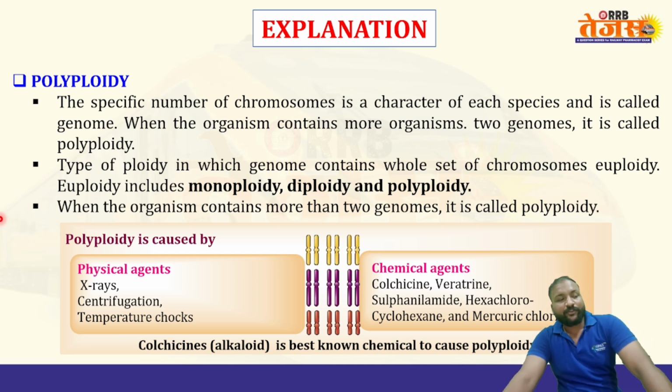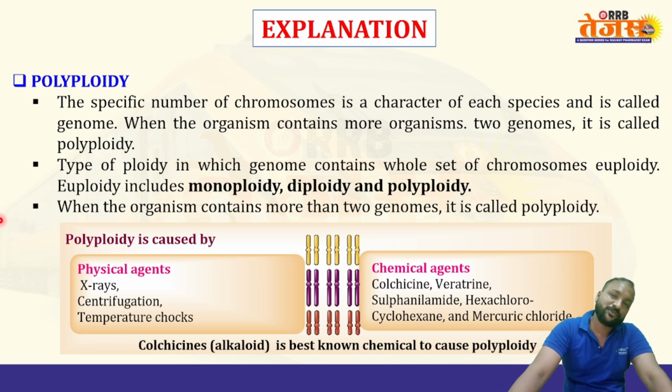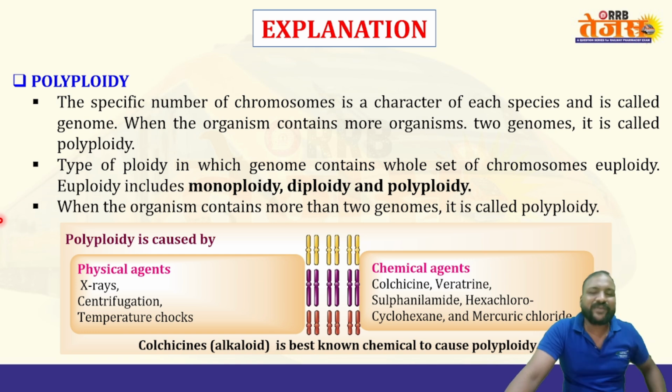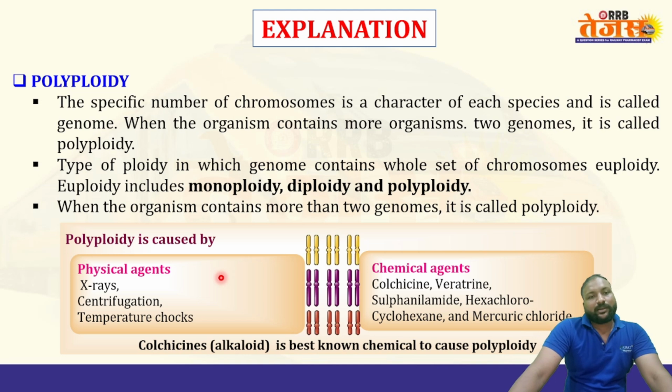From polyploidy, we can expect other types of questions, like: what is an agent which can cause polyploidy? What is a physical agent and what is a chemical agent? Generally, polyploidy can be induced manually or experimentally. To create polyploidy, we use physical agents like X-ray, centrifugation, and temperature shocks.